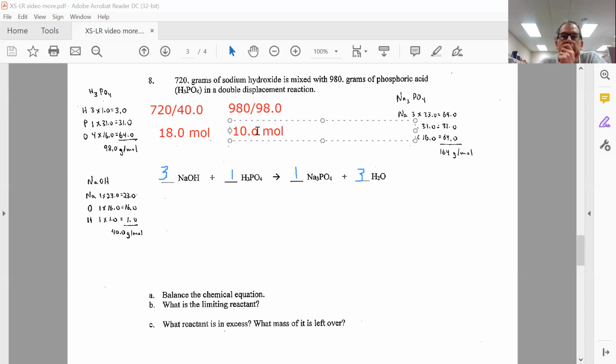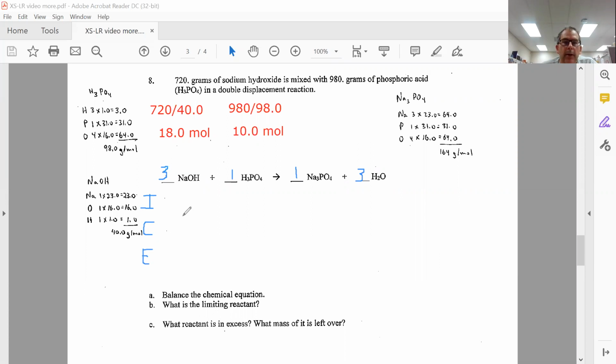Okay, and again, that looks pretty good. So I'm going to make an ICE box for initial, change, and end. I'll put an I here, which stands for initial amount of moles. C is for change, and E is for at the end. That's how we're going to use this.